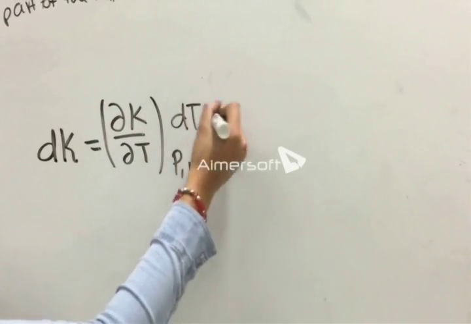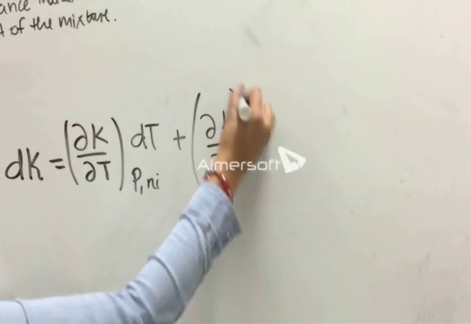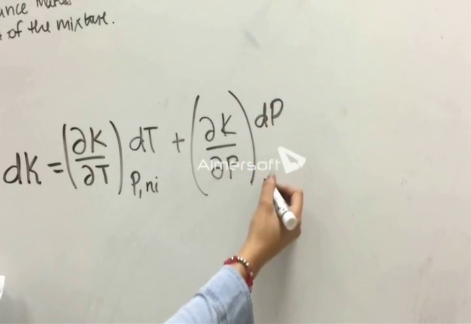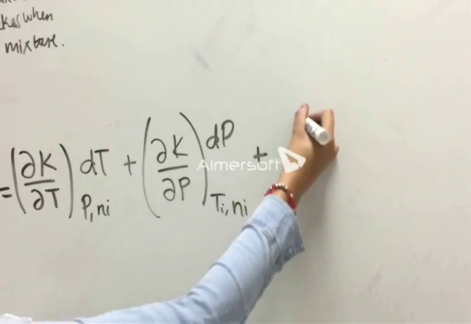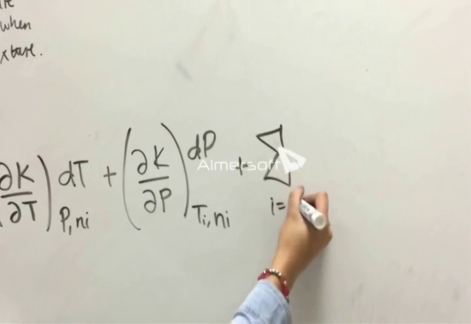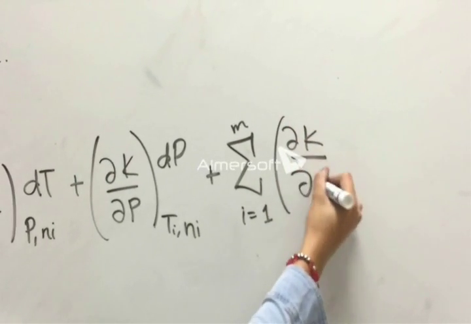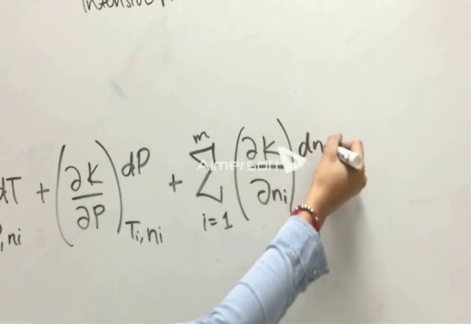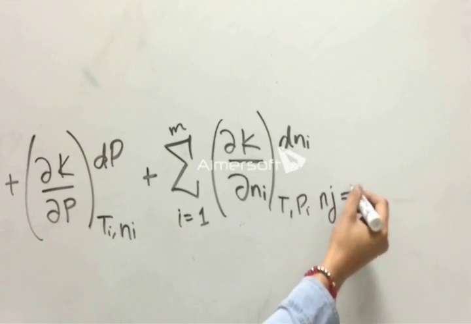In the first term, you see the change in temperature, taking the pressure and the number of moles as constant. In the second term, you see the change in pressure, taking the temperature and the number of moles as constant. And in the third term, you see the change in the number of moles, which changes with each component of the mixture.